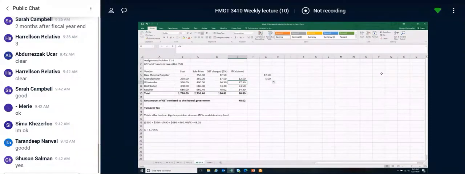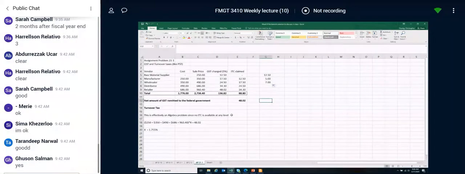Okay. So now you recover your GST, your $17.50, but now we're going to be able to mark this up and sell it for $490. So $490 times 5% is going to be $24.50. Again, because they're claiming the refund of the $17.50 they paid initially, they're only going to remit a net amount of $7 to the government.